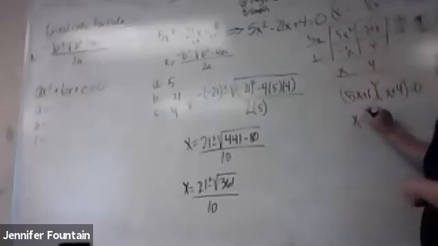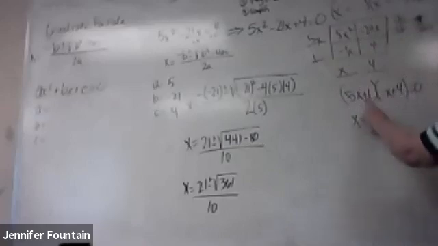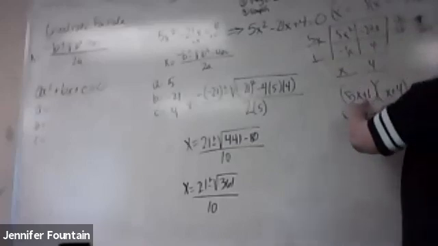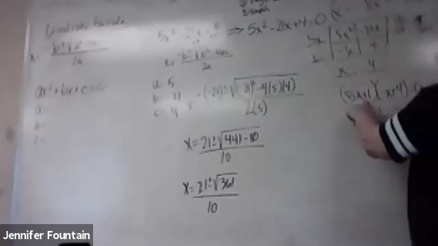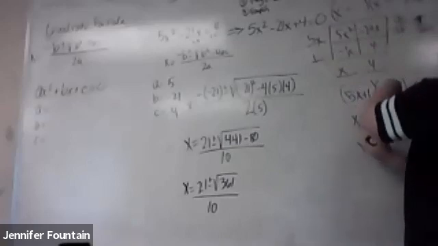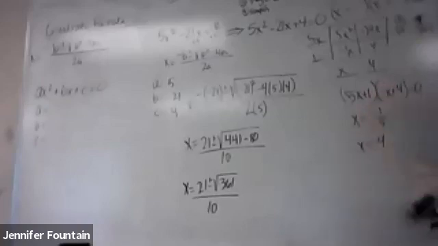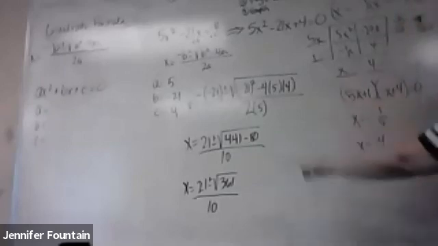So what would x be here? Negative 1 over 5. And what would x be here? -4. Okay. So notice that if I were to say 1 divided by 5, there is a way that I could end up simplifying that one.